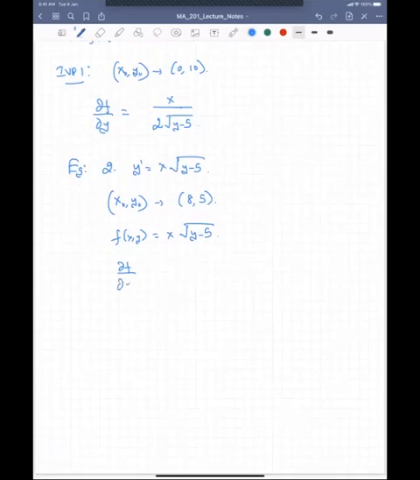But df dy, which is x over 2 square root of y minus 5, asymptotes at this point, right? So remember that this is a very bad behavior. The first condition, that the function itself is continuous, guarantees that there is at least one solution, possibly more.